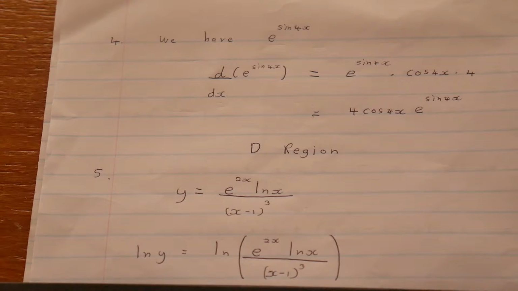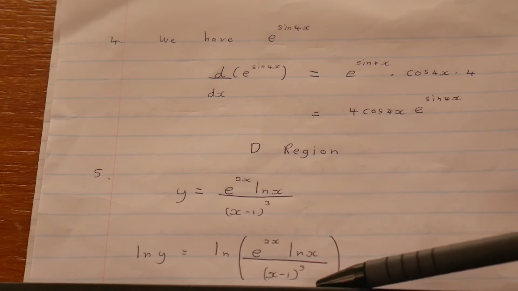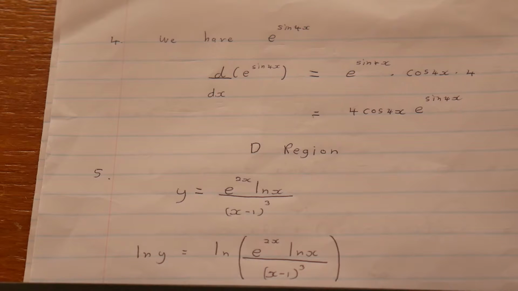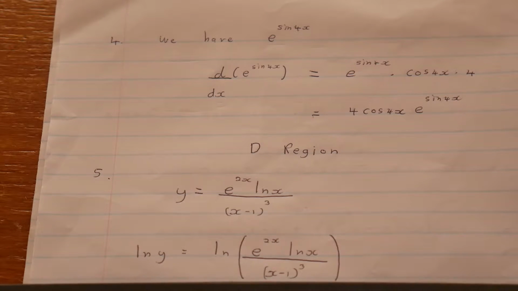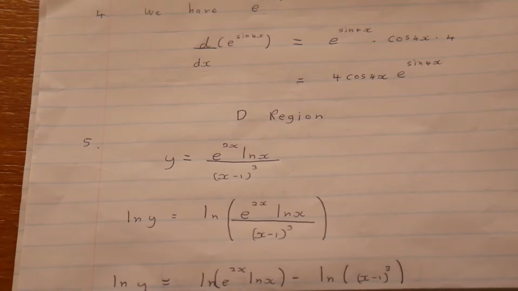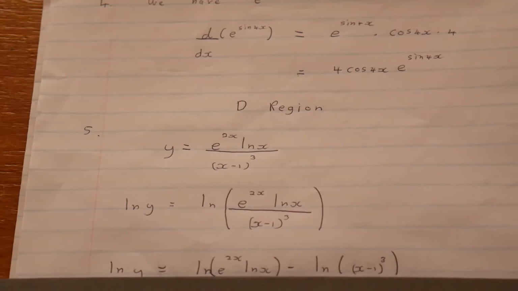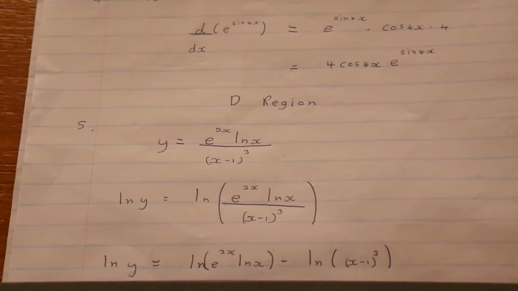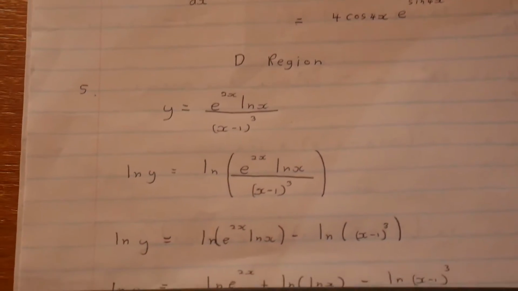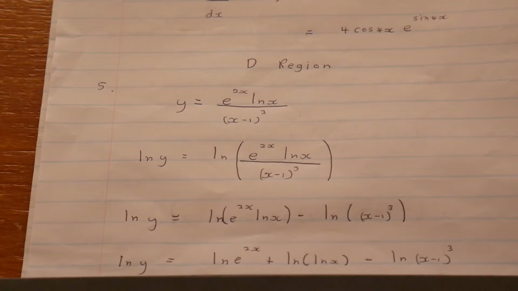So we log both sides of the equation, and then we use the log rule to make the complex part of the equation a series of addition and subtraction of simple terms. So log of a divided by b is log a minus log b. I apply that rule there. Then I apply the rule log ab is equal to log a plus log b.